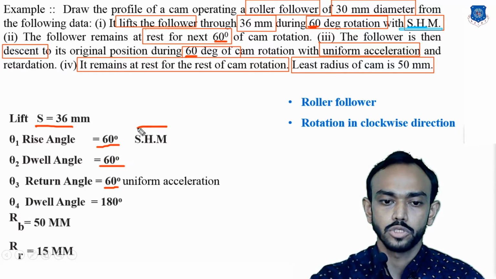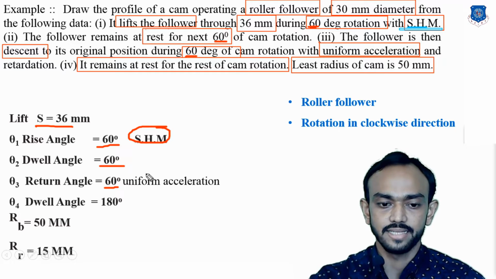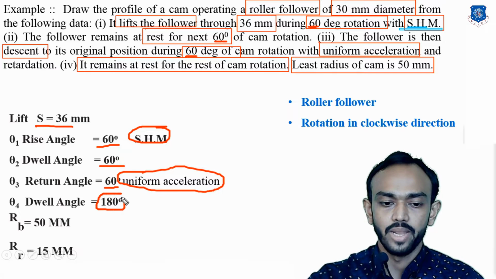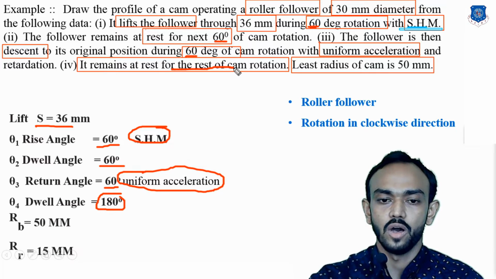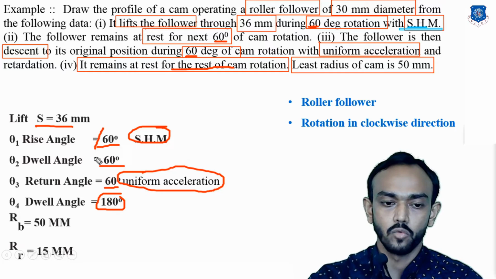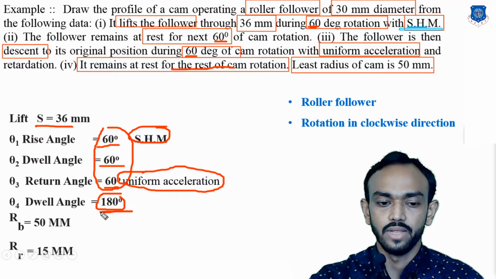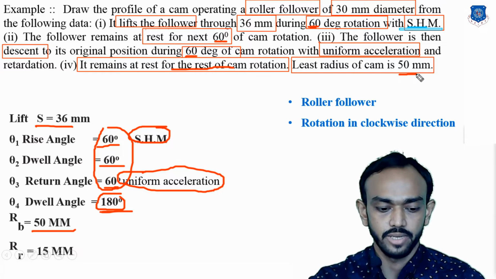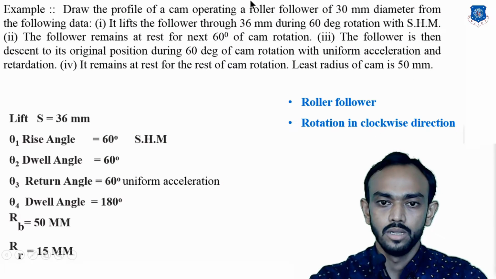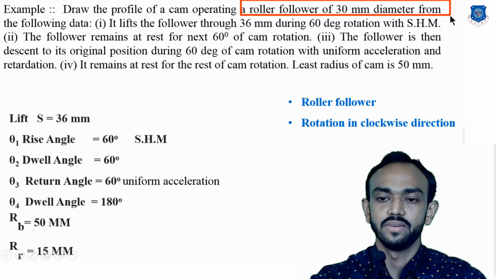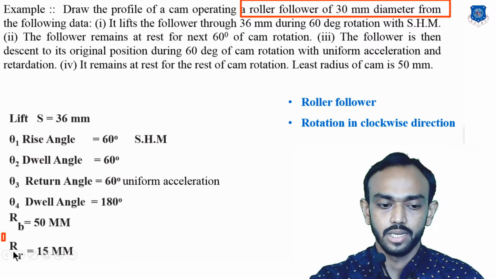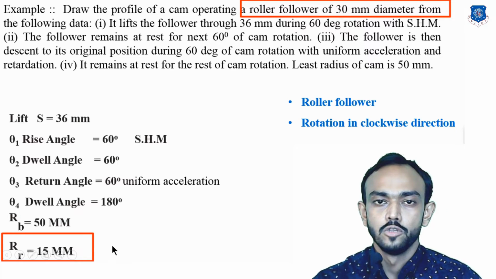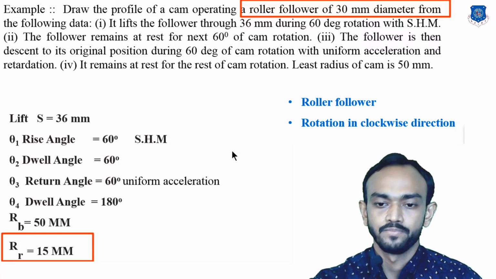But motion is simple harmonic during the rise and uniform acceleration during the return. The remaining dwell angle will be 180 because 360 minus 180, so theta 4 is 180. The base radius is 50 mm, and you can check this, roller diameter is given 30 mm, but here we are indicating the radius of roller, RR. So 15 mm radius of roller.